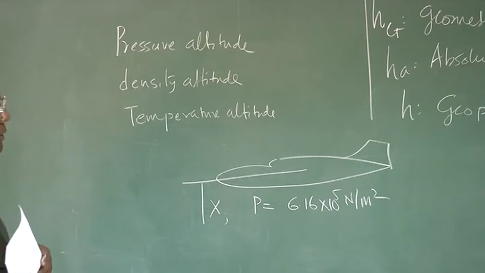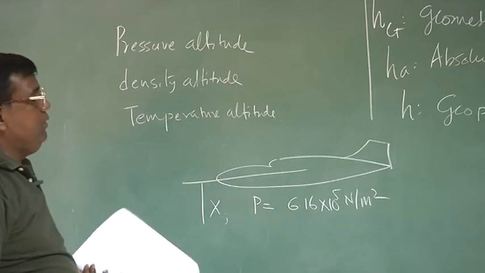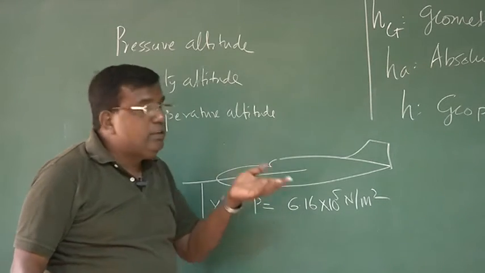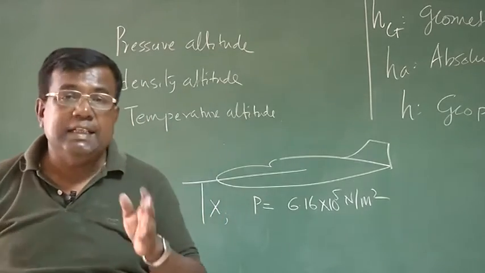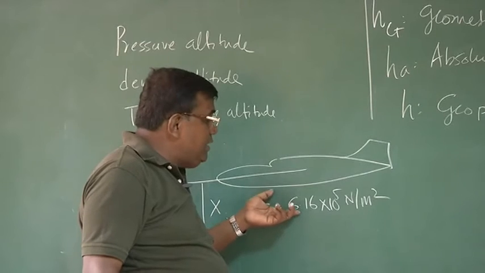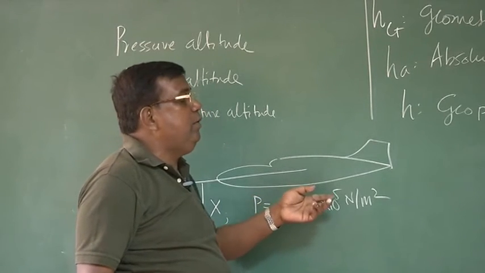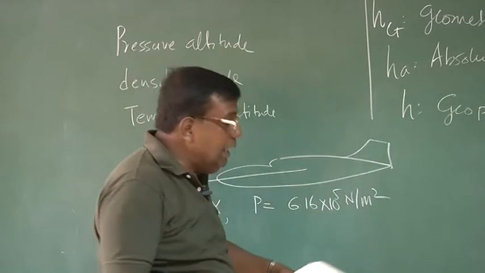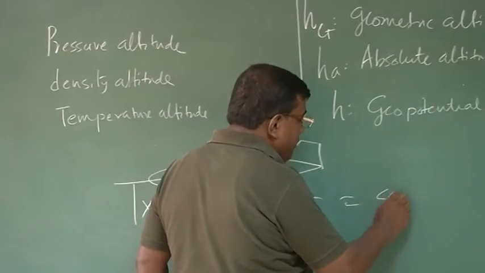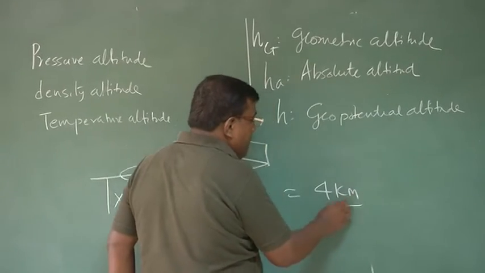Right? Now what is the pressure altitude? Pressure altitude is, now you go back to the standard atmosphere and see what is that altitude at which the pressure is 6.16 into 10 to the power 5 Newton per meter square. So that becomes the pressure altitude, and that you will find is roughly equal to 4 kilometers.